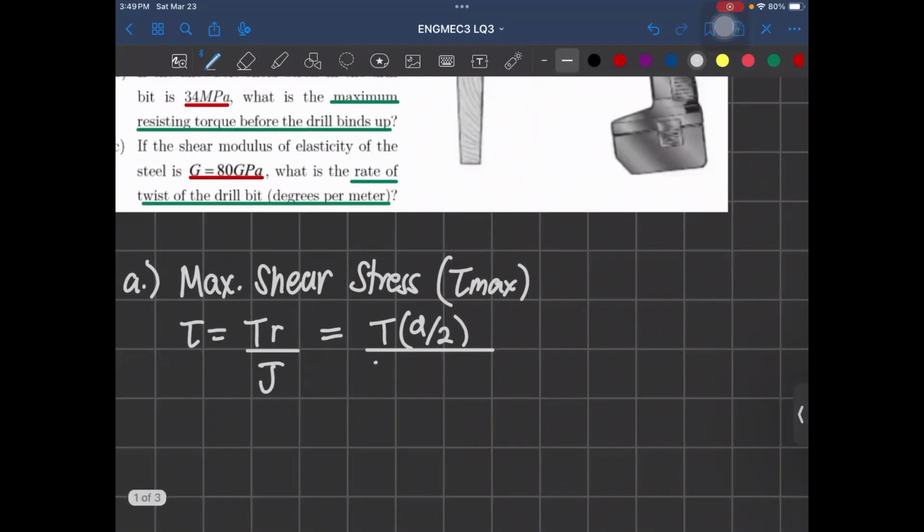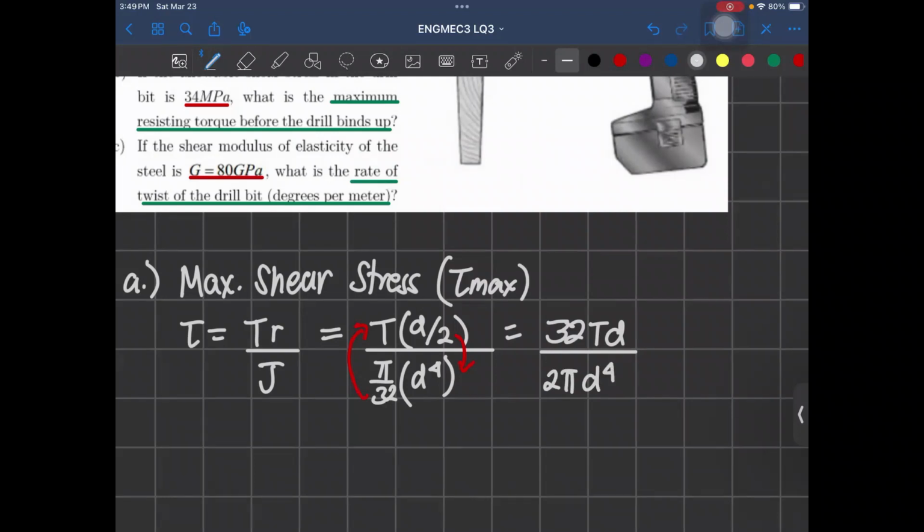So this is pi over 32 times D to the fourth, and what we can do here is simplify. Let's put the 32 into the numerator and the 2 into the denominator. This would be equal to 32 times the torque times D all over 2 pi D raised to the fourth.